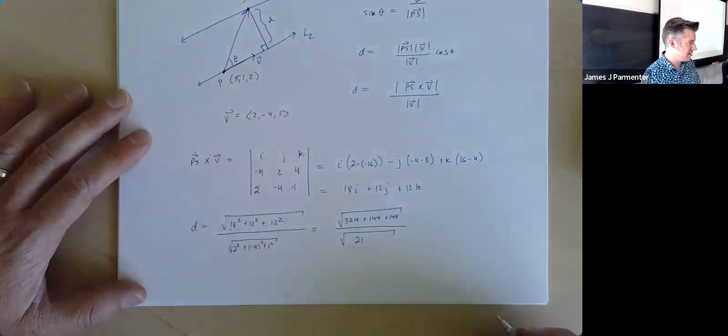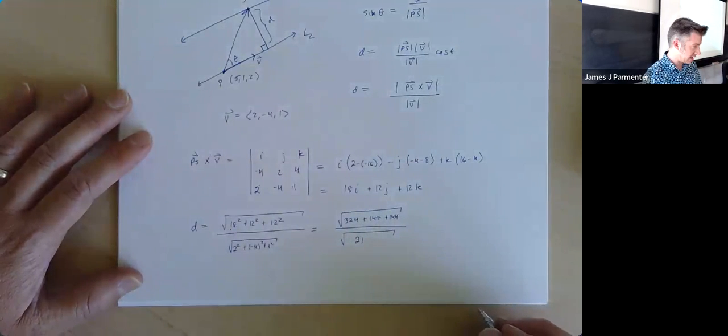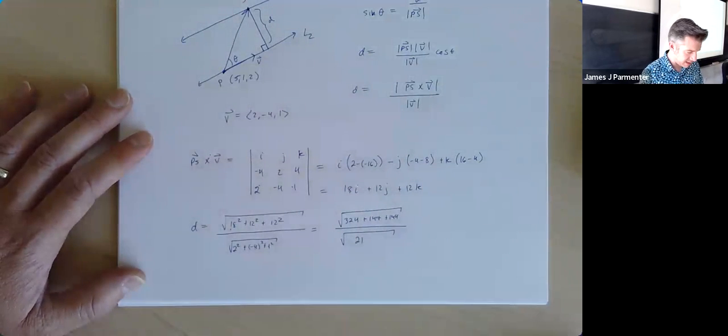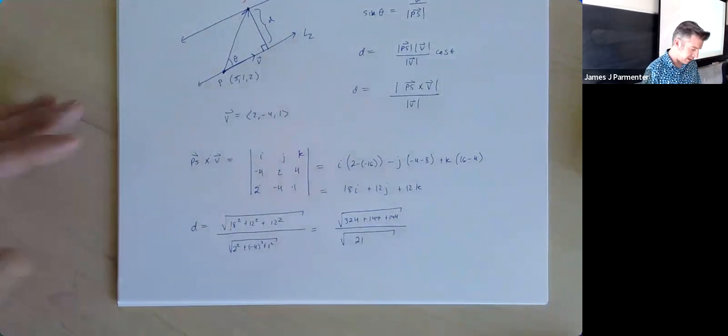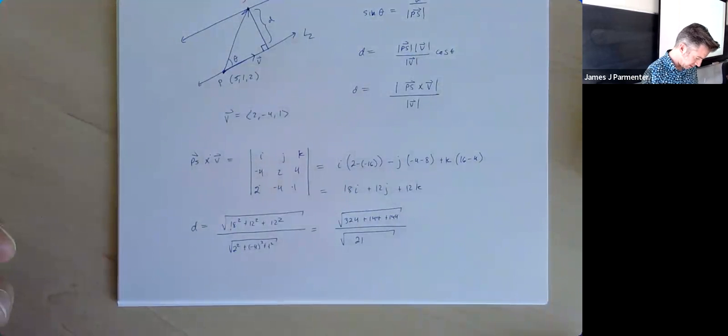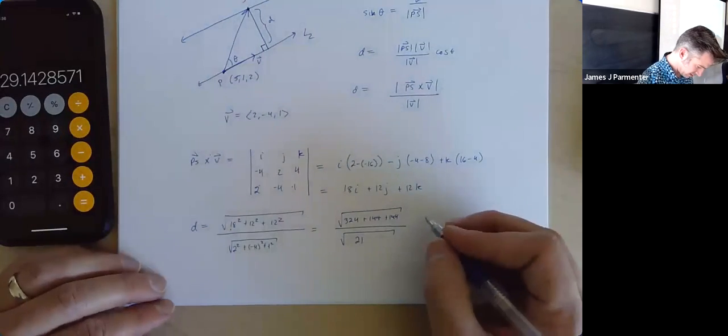It doesn't seem particularly nice. I don't see anything here, but let's go ahead and actually calculate the thing, because maybe there's something here. Let me double check my math. Yep. All right, no, it's not at all nice.